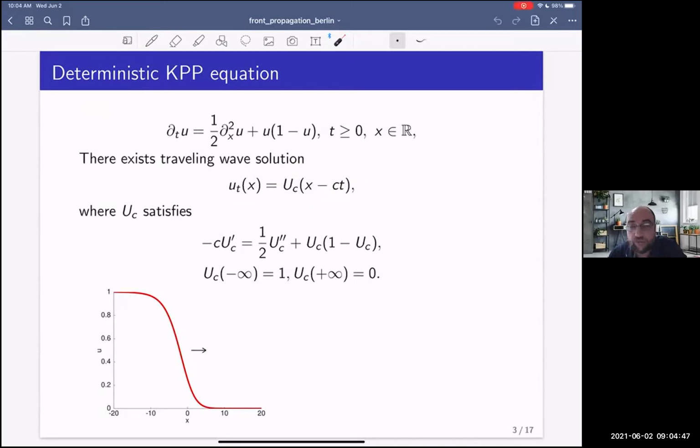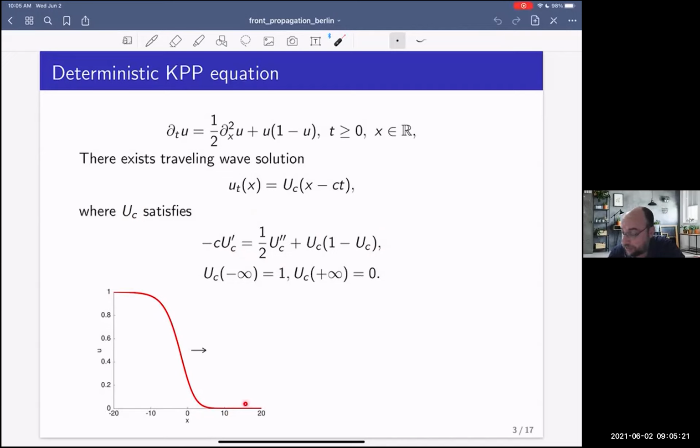So the family of such solutions is parameterized by the speed c with which it can go. So for each c where there is a solution, u_c is supposed to solve this differential equation, and for all c for which a solution exists, we have this traveling wave solution, which is 1 at minus infinity, 0 at plus infinity.